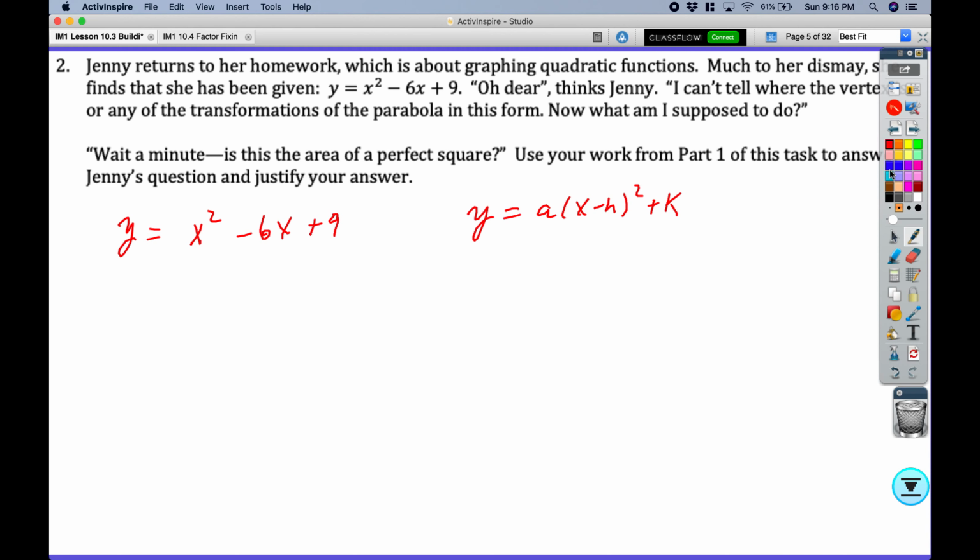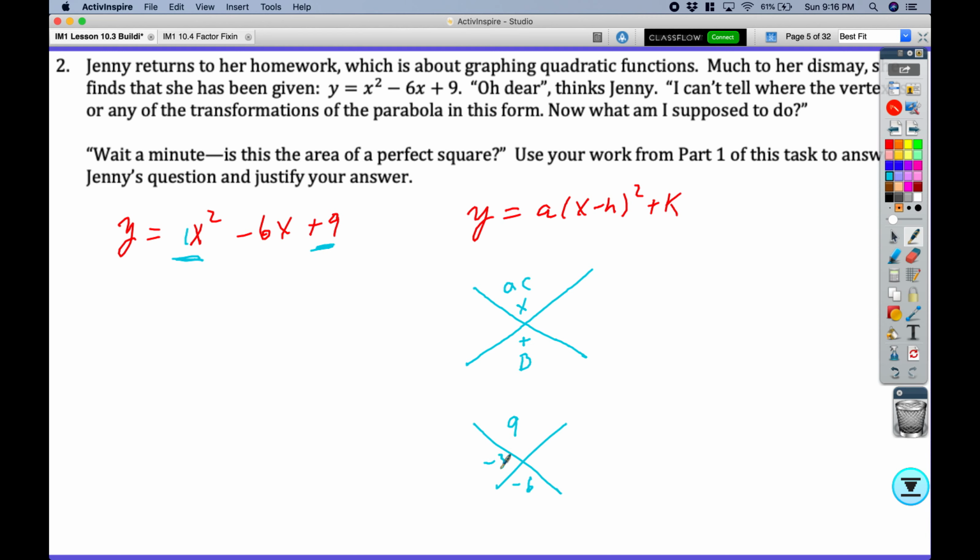So we're going to look more into this in, I believe, 10.5 or 10.6. But essentially what we're trying to do here is think about, hey, are there numbers that multiply to a times c and add to b? So are there numbers that multiply to 9, because 1 times 9 is 9, and add to negative 6?